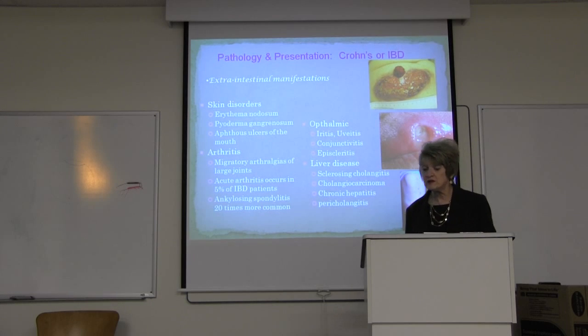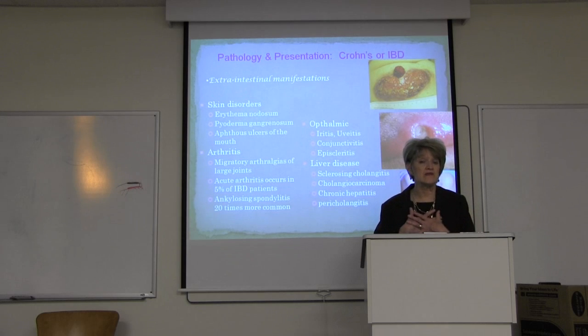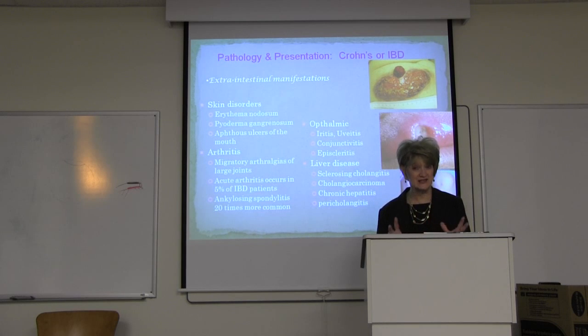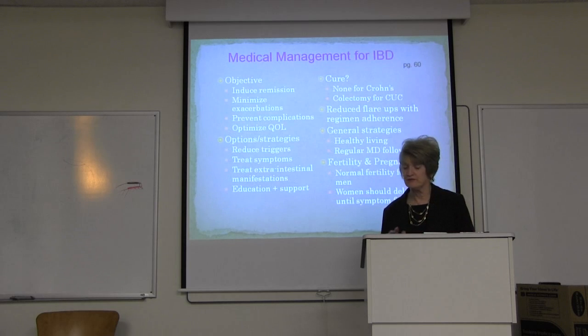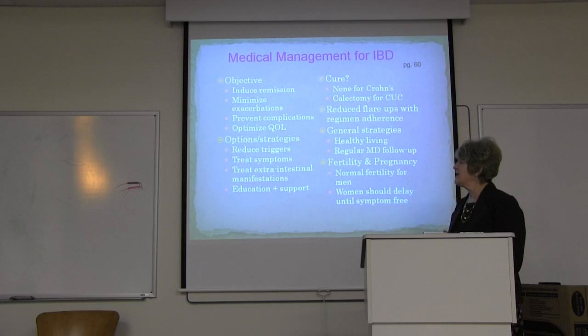I actually have a friend who has Crohn's involving her lungs. So even though we talk about skin, liver, eyes, and joints, I want you to just think of IBD as a systemic condition.